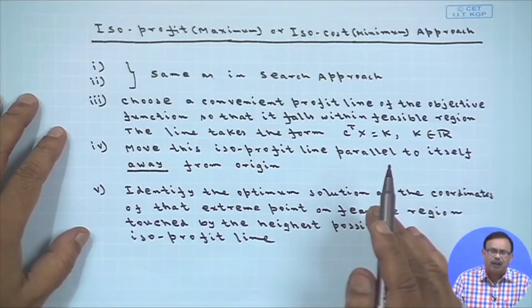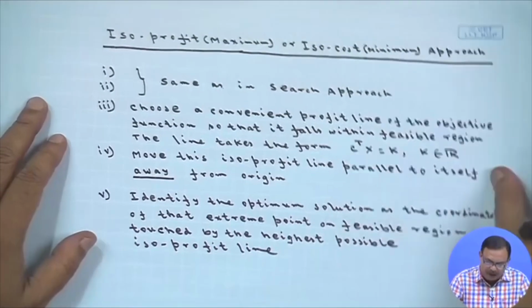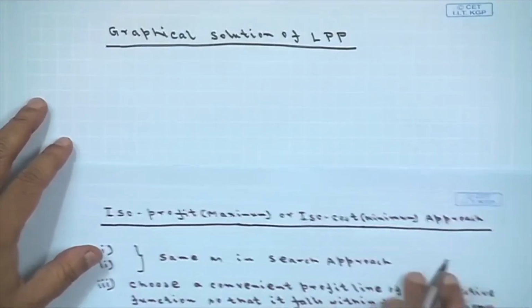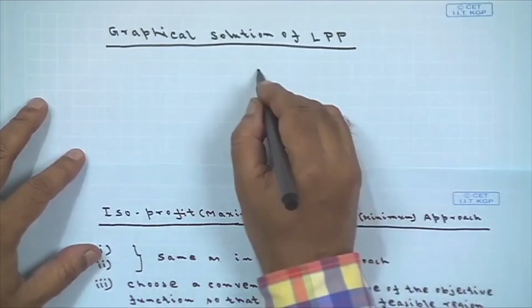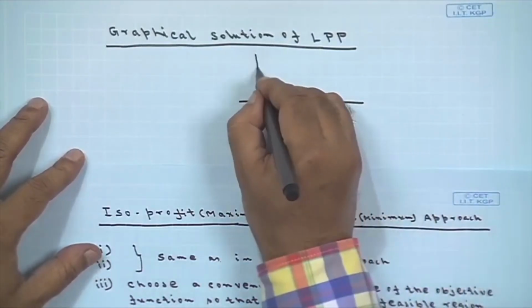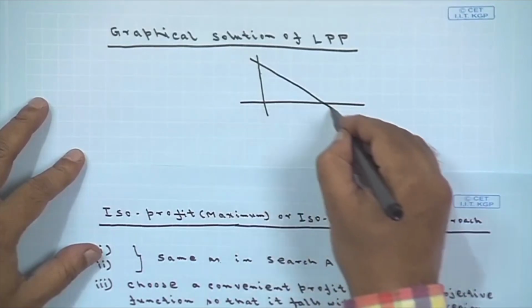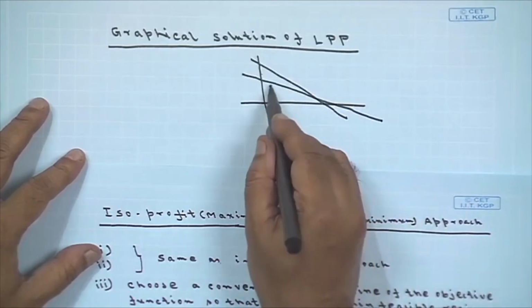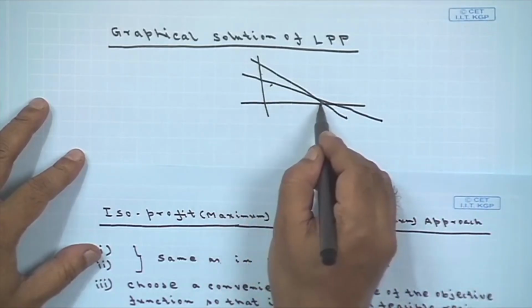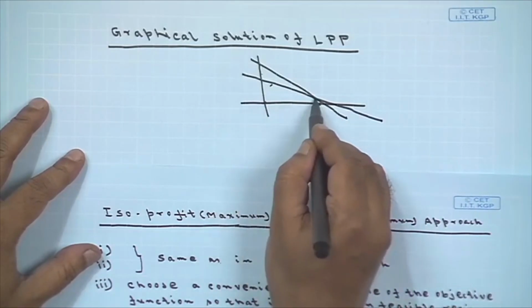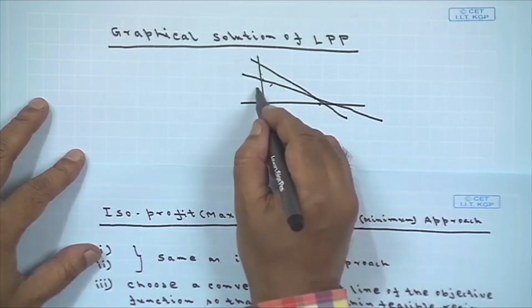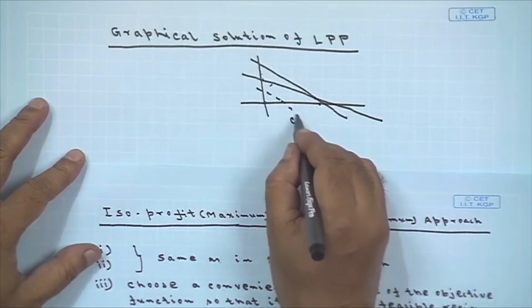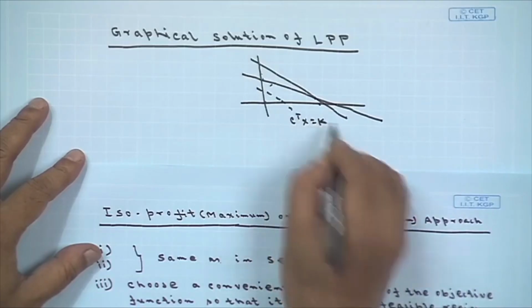As I was mentioning, if you remember, if it is something like this, your feasible region is this one, here, here, here and here. I may draw any line like this by using C transpose x equals k.